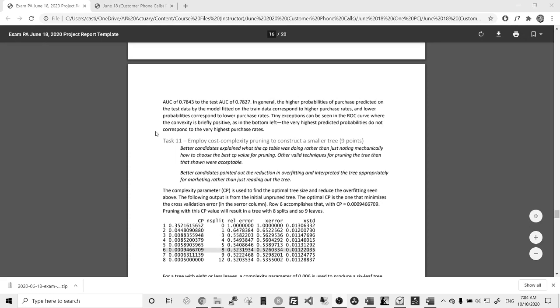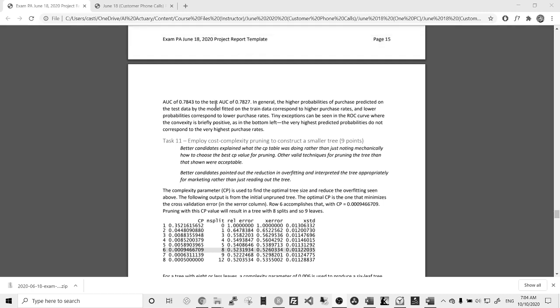One detail which I failed to admit was this comment about the shape of the AUC curves. It says that, in general, higher probabilities of purchase predicted on the test data by the model fitted on the training data correspond to higher purchase rates, and lower probabilities correspond to lower purchase rates. Tiny exceptions can be seen in the ROC curve, where the convexity is briefly positive.